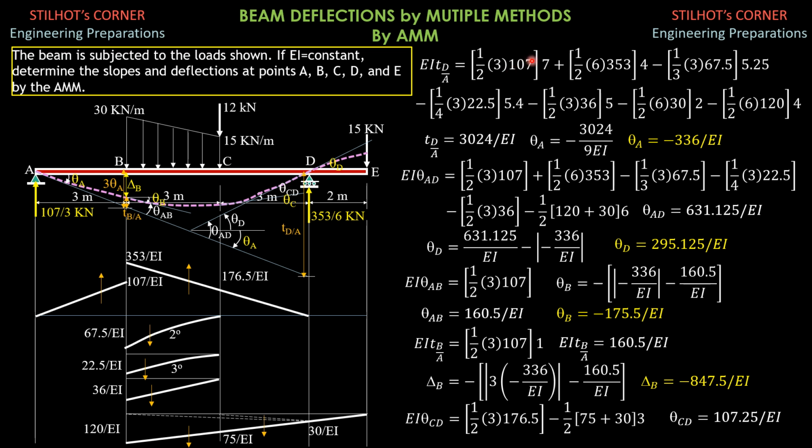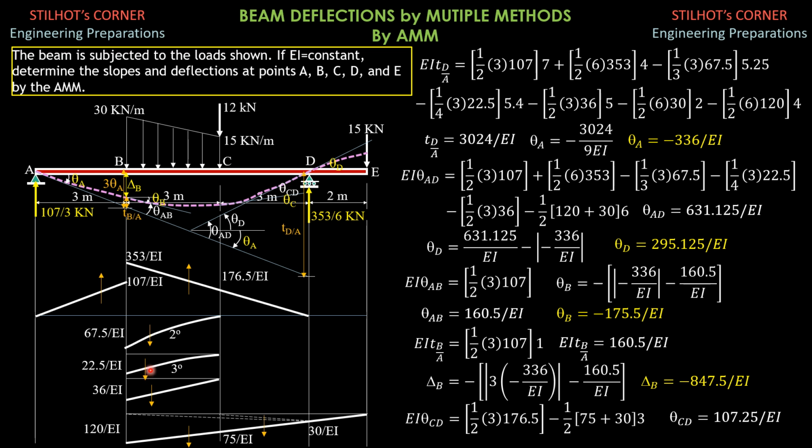So 7, plus this area here, 1/2 of 6 times 353, 2/3 of 6 is 4, so the moment arm is 4. Then minus the moment of this area, 1/3 of 3 times 67.5, this is 3 over 4, 0.75, so 6 minus 0.75 is 5.25 meters.